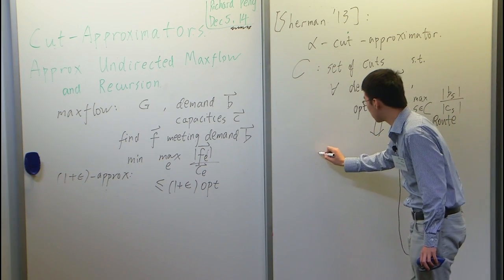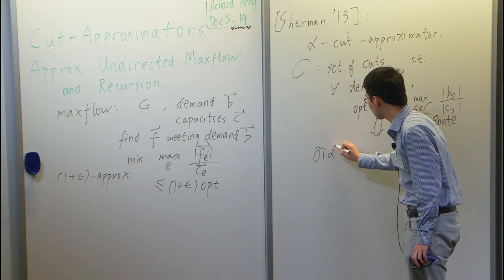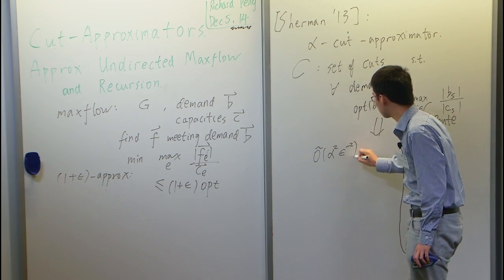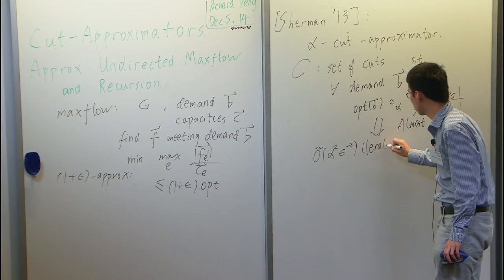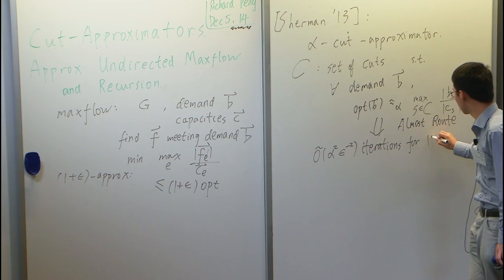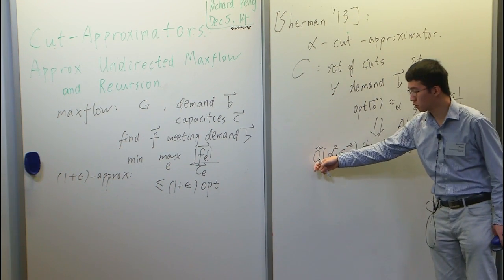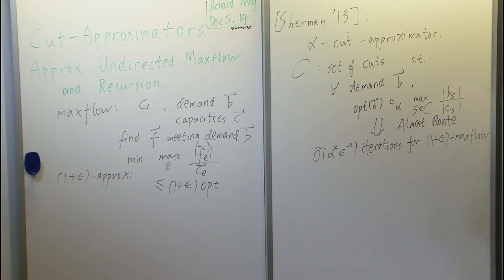This leads to an algorithm with O tilde of alpha squared epsilon to the minus 2 iterations for a 1 plus epsilon approximate max flow. I'm using O tilde to hide factors of log n. You can track these exponents explicitly, but I will drop them for simplicity.